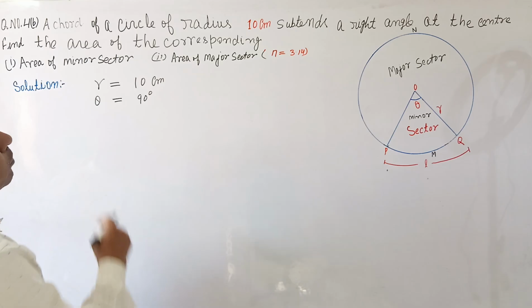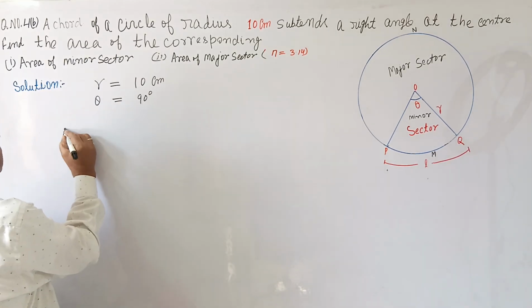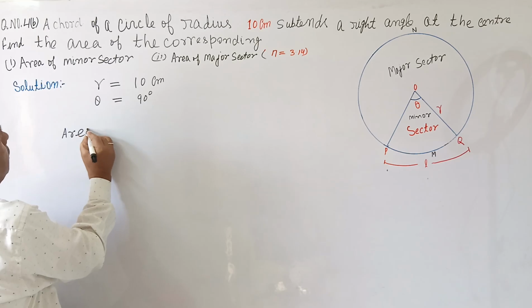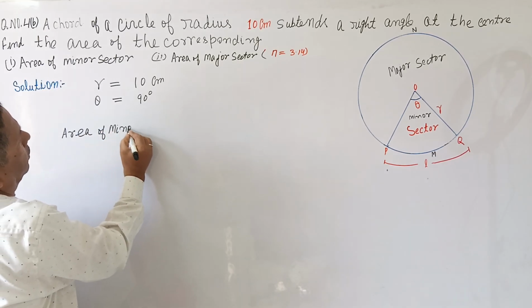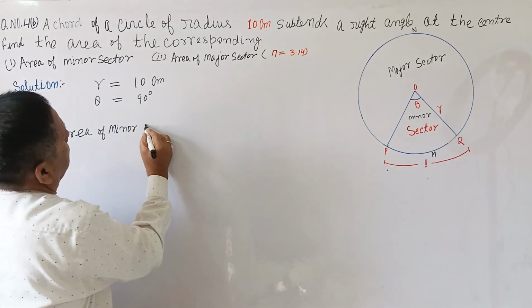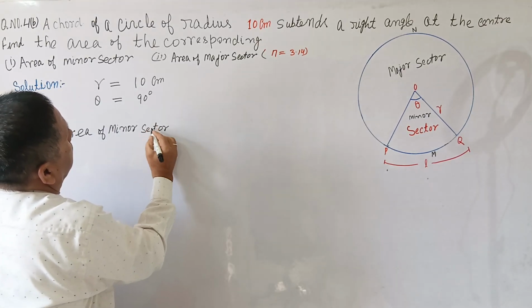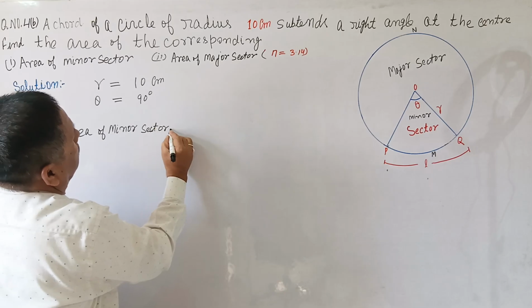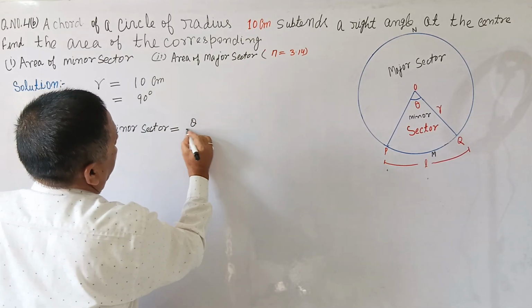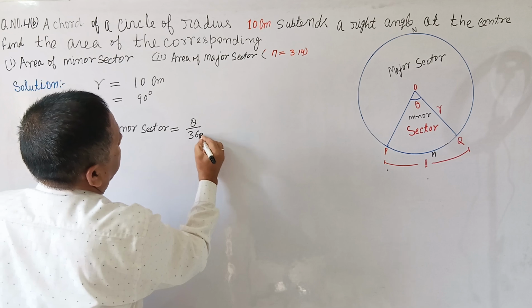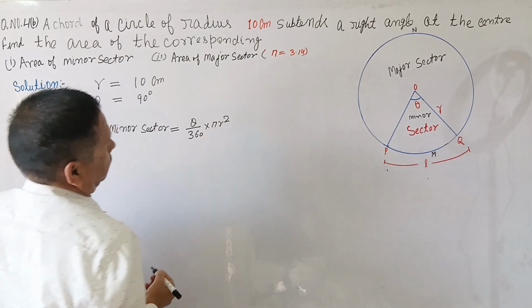Now with these two we have to solve for the area of the minor sector. The formula is area of minor sector equals theta upon 360 into pi r square.